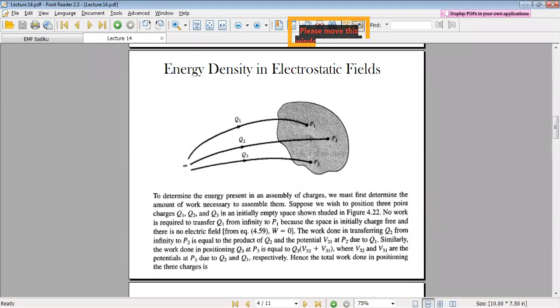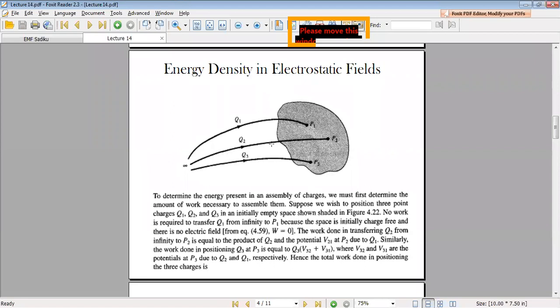Coming to here, this is a basic diagram for explaining energy density in an electrostatic field. Here you can see three charges Q1, Q2, Q3 moving from infinity to P1, P2, P3.